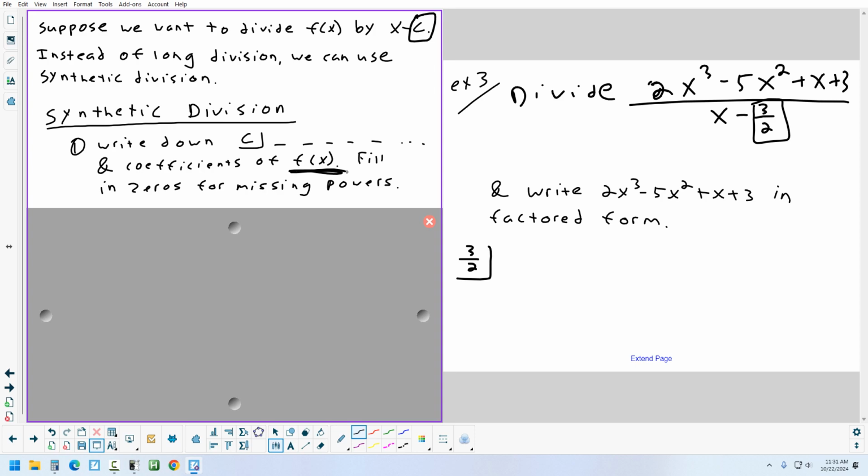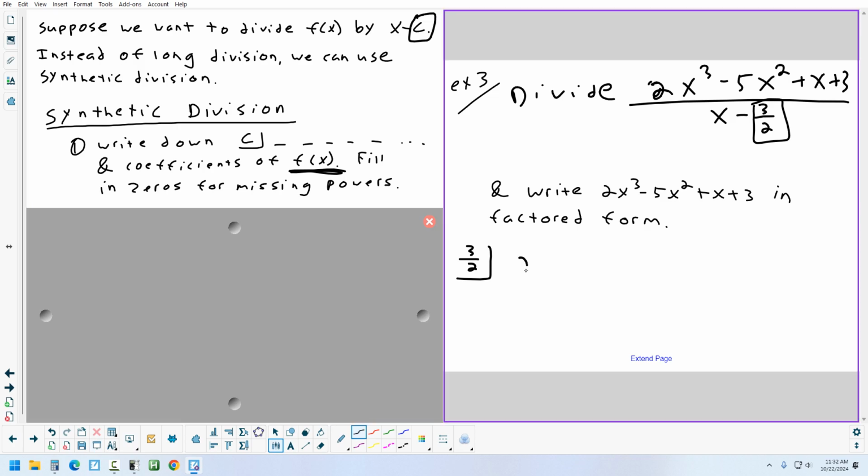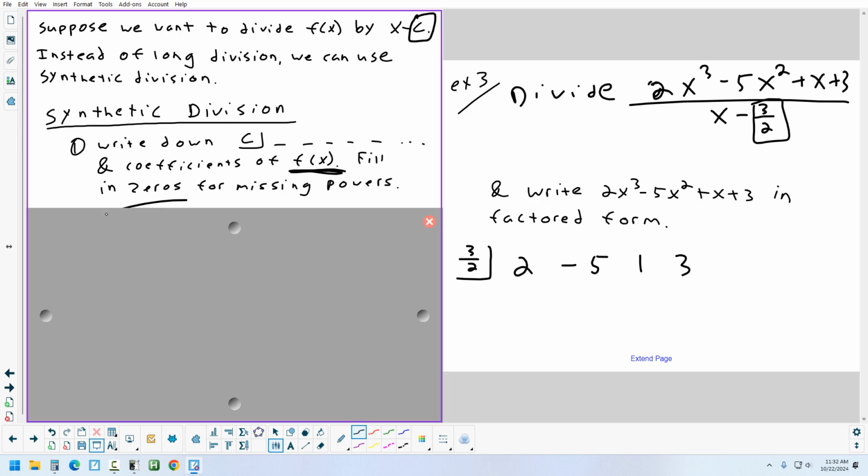What are my coefficients of what's in the top? 2, -5, 1, and 3. Just like yesterday, if you are missing any, you have to fill in zeros for the missing ones, and it just leaves space for that column. Okay, so that's your first step. Number after the minus sign goes on the outside. Coefficients of the numerator go on the inside.